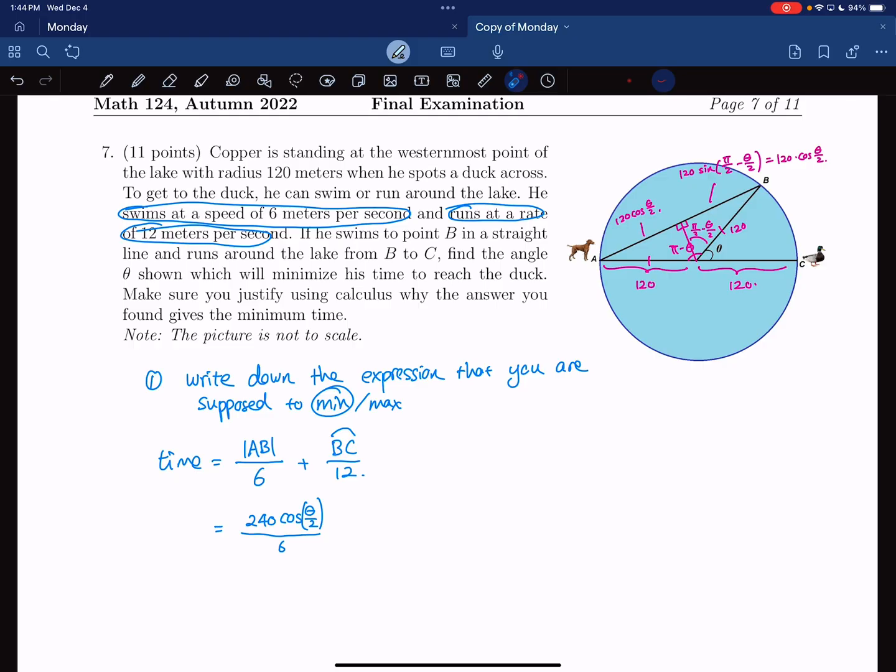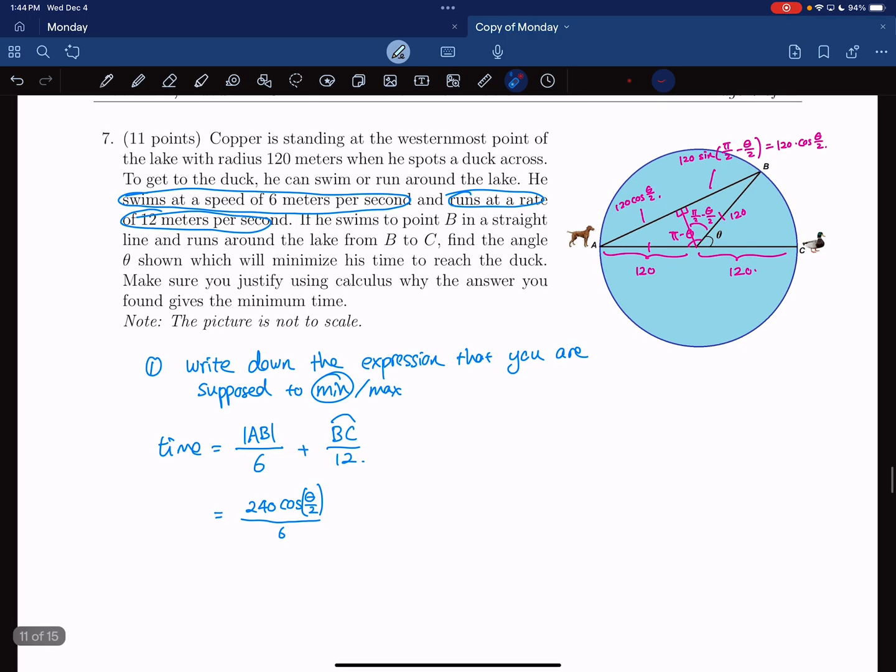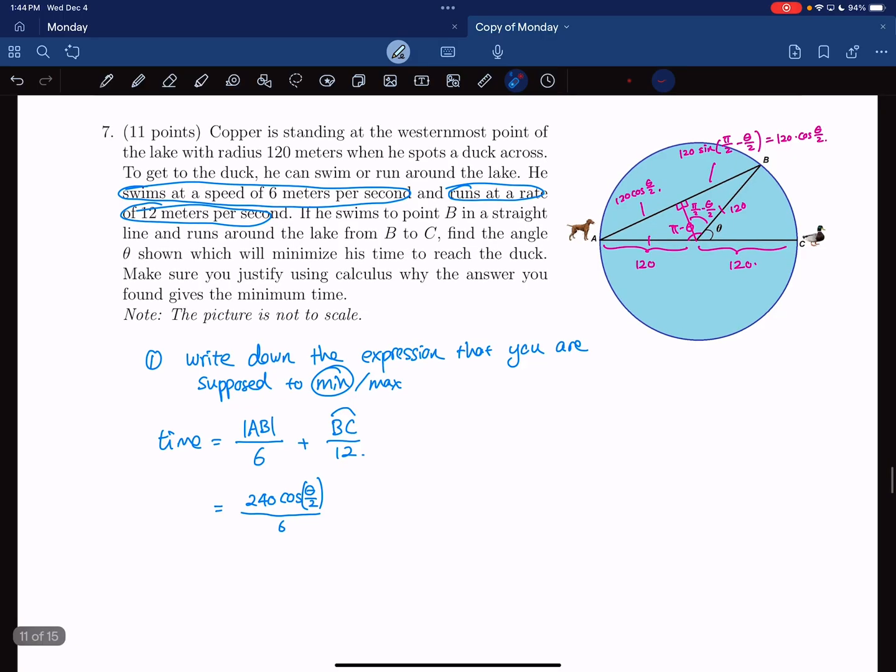It's not like some formula for arc length or area of the circle. You have to do some geometry to figure out what AB is. Some of the students got stuck, but finding it is not hard. You just have to draw the right lines and see the right triangles. Any question about this so far?